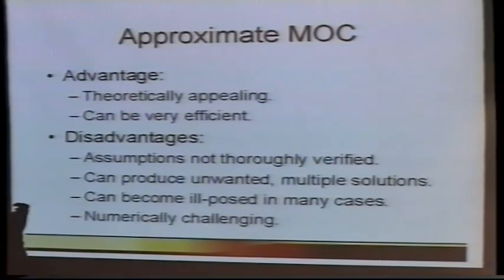And there's a group in Denmark who have programmed up a very efficient solution method for the approximate method of characteristics. And when it works, it works very well, very fast.